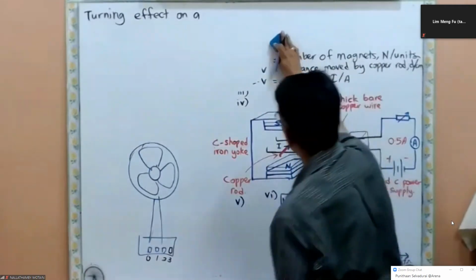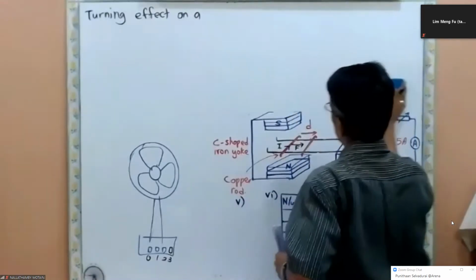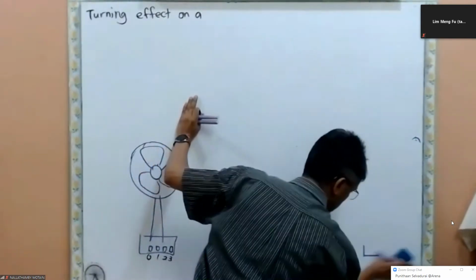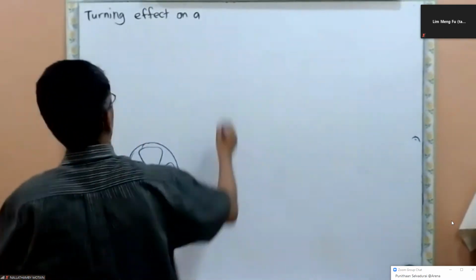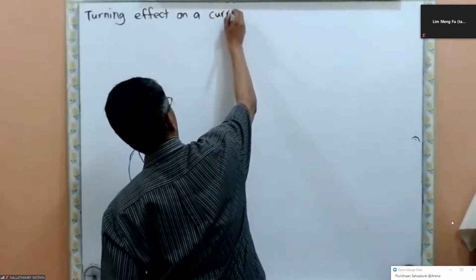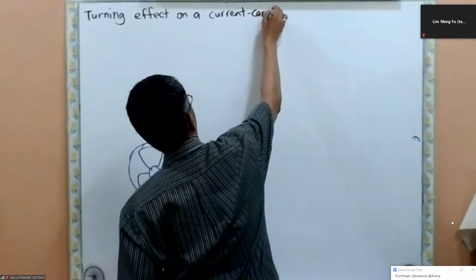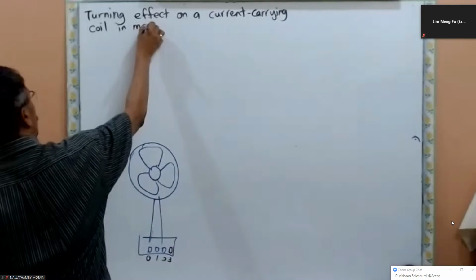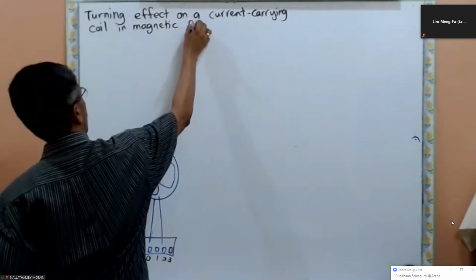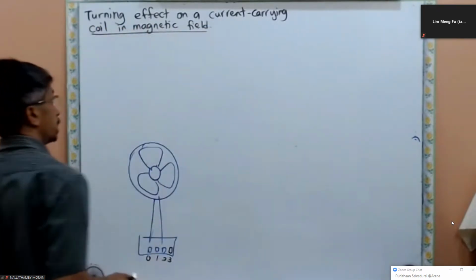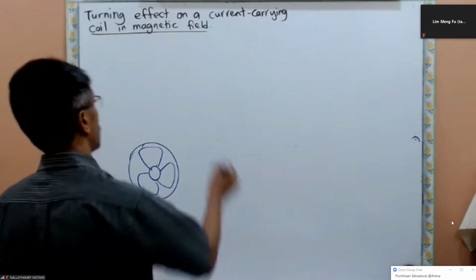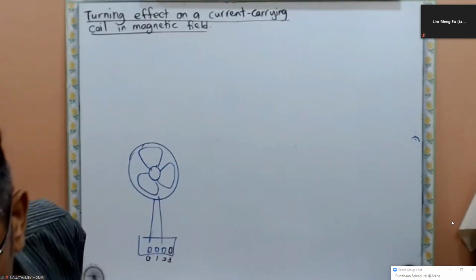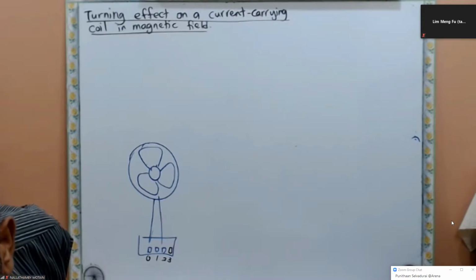This is the one: turning effect on a current carrying coil in magnetic field.